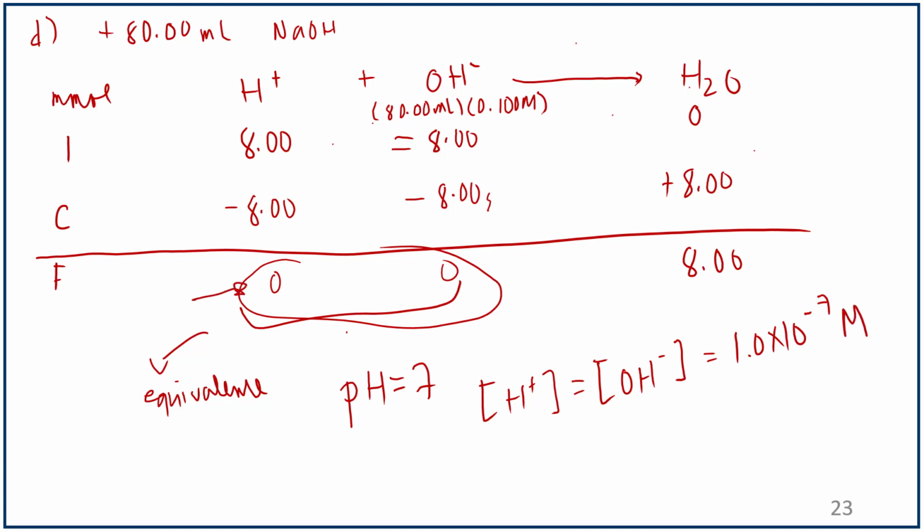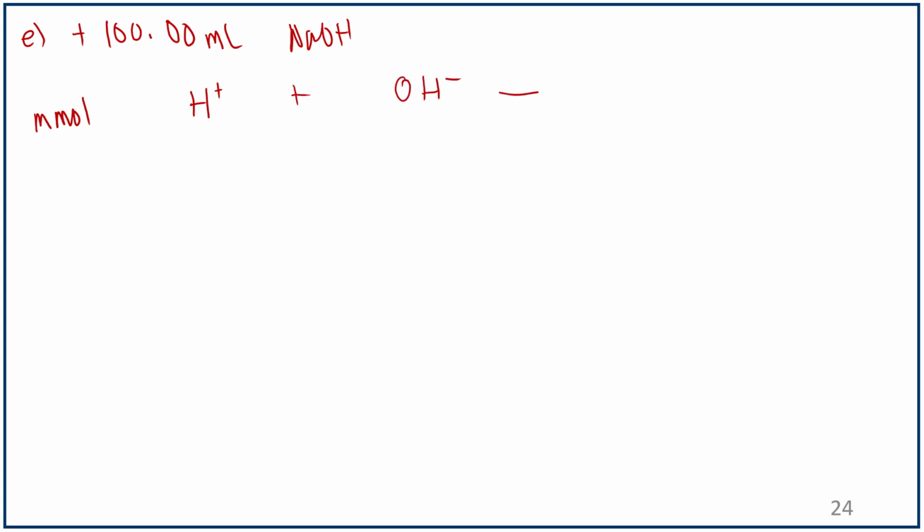And then lastly, let us work with the plus 100.00 ml of OH. So keep in mind that for E, we're now actually past the equivalence point. H plus and OH minus are going to yield water.